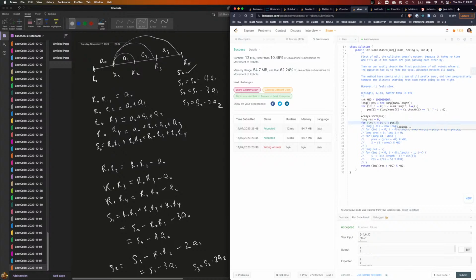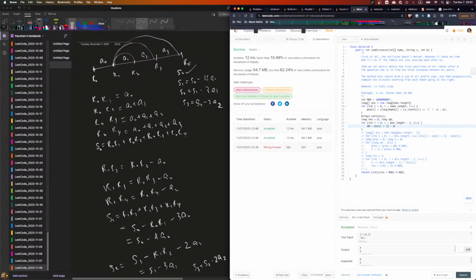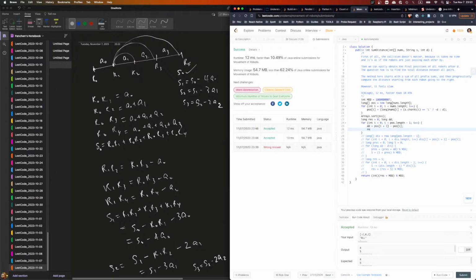So smaller than position.length minus 1, i plus plus. And long dd equal to 0. Oh, we don't even have to, I just want to initiate it. So dd will equal to position i plus 1 minus position i.